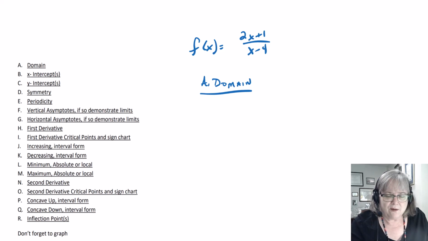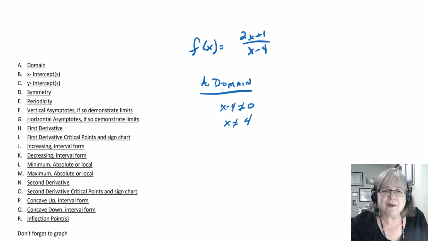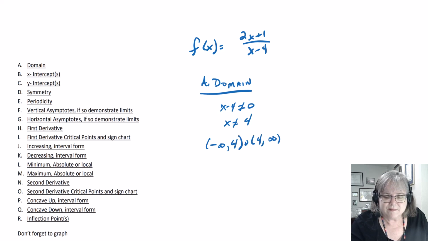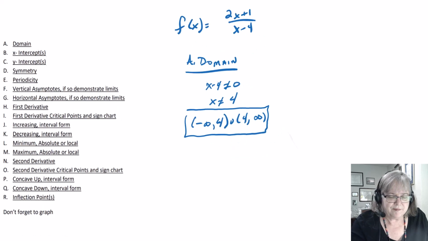Okay, so I've got variables in the denominator, and I can't have 0 down there, so x can't be 4. If you tell your teacher x can't be 4, you're telling them what the domain can't be, and what they're asking for is what the domain is. Don't tell me what it's not. Tell me what it is. So it is everything else but that. So this is the domain.